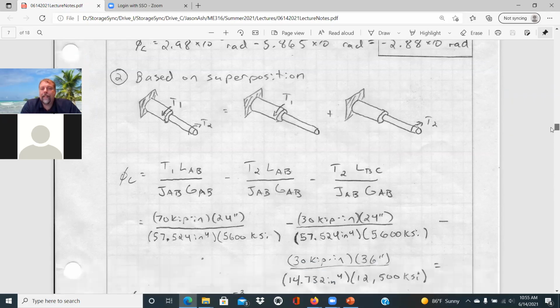And so this then is based off the external torques that are applied to solve the angle of twist. And so the twist at C then would be torque 1 times LAB, just this smaller portion. It's not loading at all the second portion BC, minus then, because this is in the negative direction, minus T2 times LAB divided by JG, minus again T2 times LBC over JG.